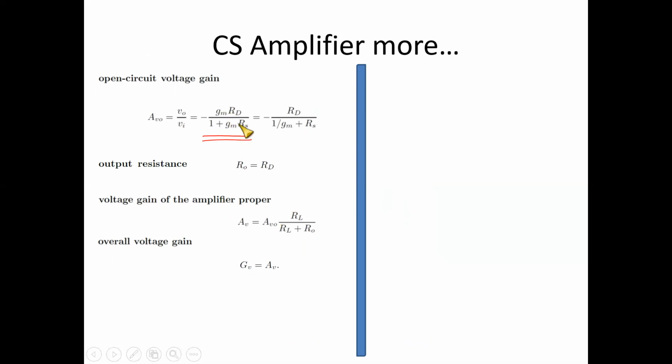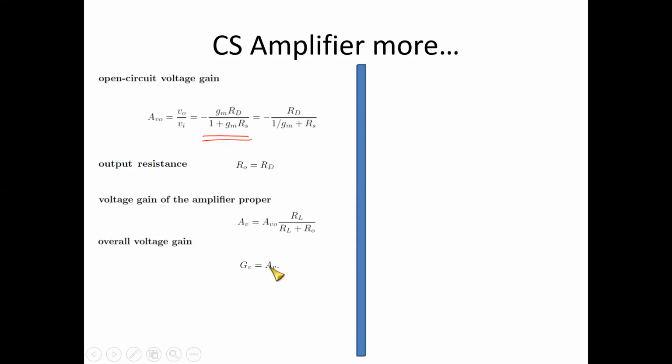So you can just say that AV is equal to minus Gm Rd in parallel with RL divided by 1 plus Gm Rs. Or other way spoken, you can write AV as AV naught multiplied by RL divided by RL plus R naught. Again, if you replace the AV naught by this quantity, then you will have in place of Rd, Rd multiplied by RL divided by RL plus R naught, and that is naturally Rd in parallel with RL.